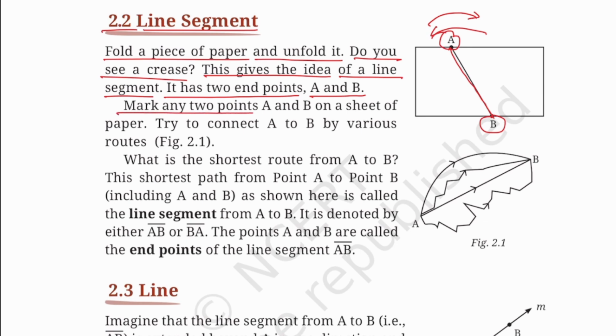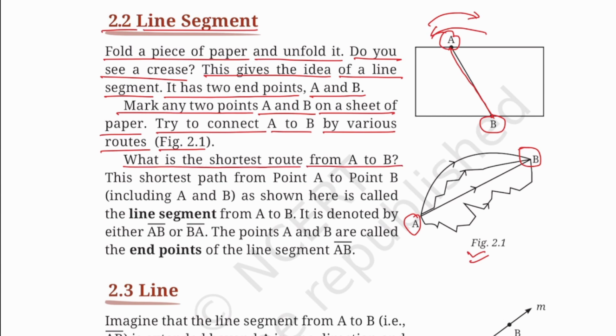Mark any 2 points A and B on a sheet of paper. Try to connect A to B by various routes as shown in figure 2.1. What is the shortest route from A to B?